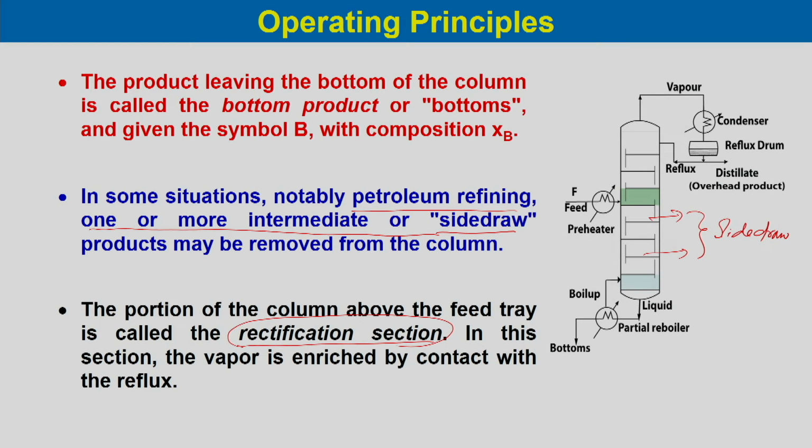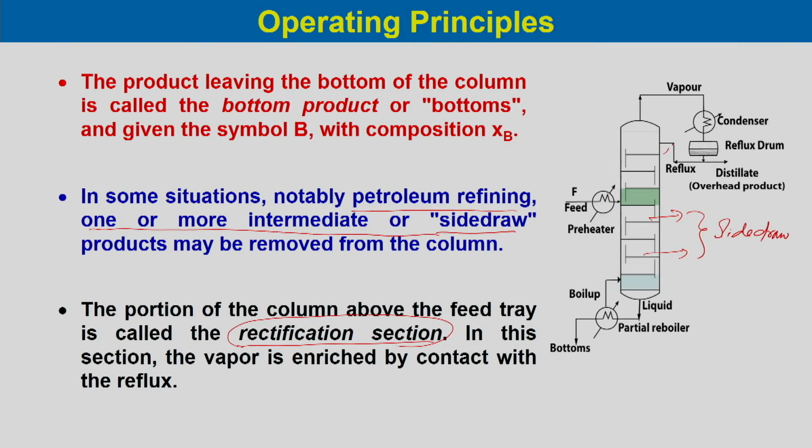In this section the reflux comes down and the vapor goes up, and there is contact between the reflux and the upward-travelling vapor. The vapor is enriched by contact with the reflux, so the vapor phase will be richer in the more volatile component in this section.